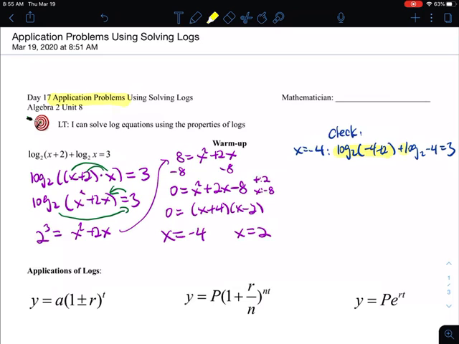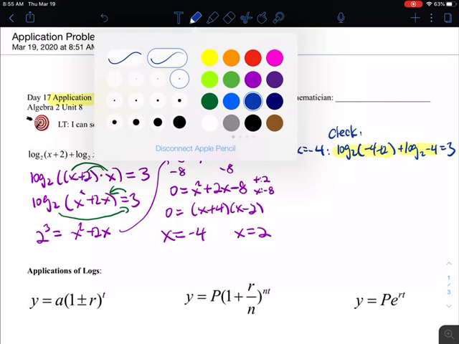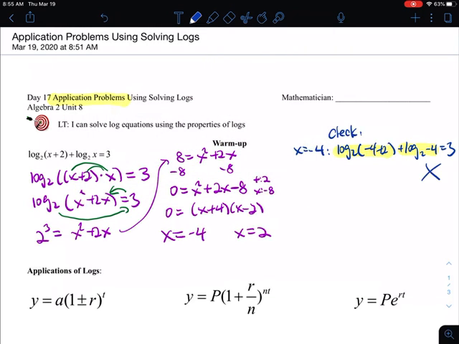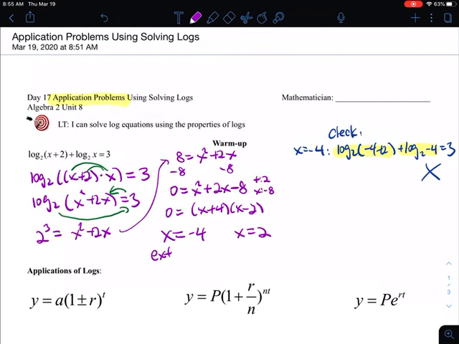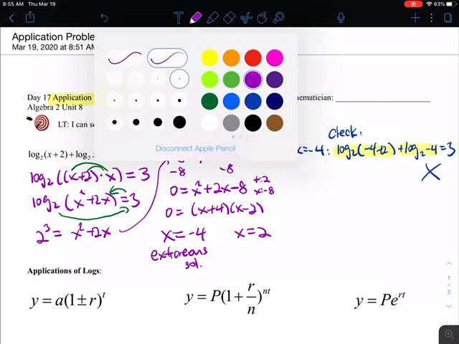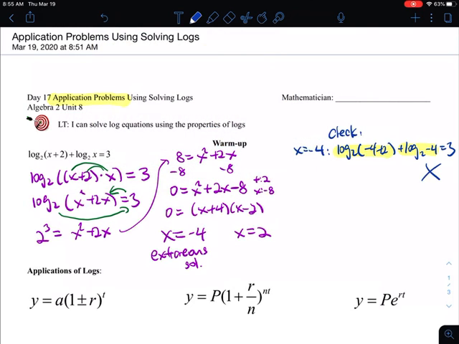And we notice that we're going to have to take logs of negative numbers, and those are undefined. So this is actually no good. So x equals negative 4 is an extraneous solution.